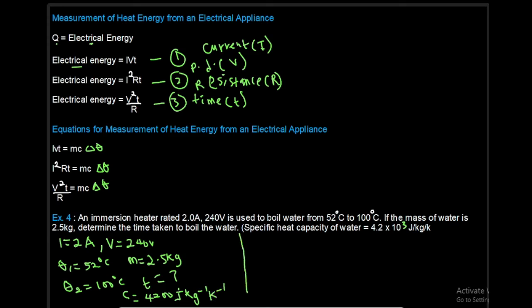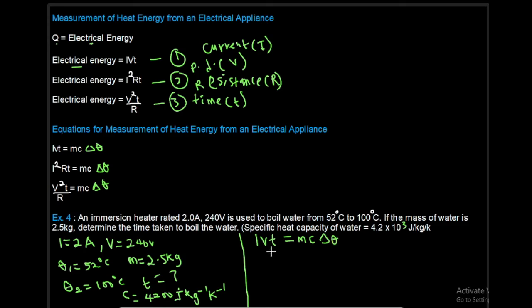So now moving on, we have I given to us, V given to us, and we are looking for T, and it's relating to the specific heat capacity. The equation that relates IVT and specific heat capacity is IVT equals MC delta theta. So this is the equation we are going to use. IVT equals MC delta theta.